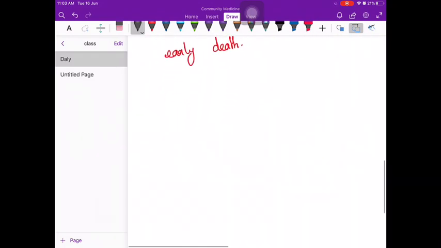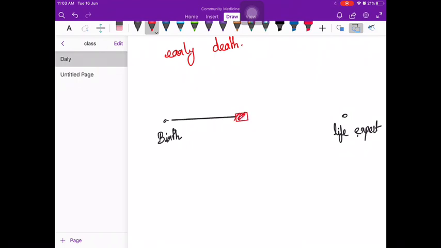Let's take a person's birth year and his life expectancy year. During the course of his time, the person gets a disease here and is disabled for some period of time.